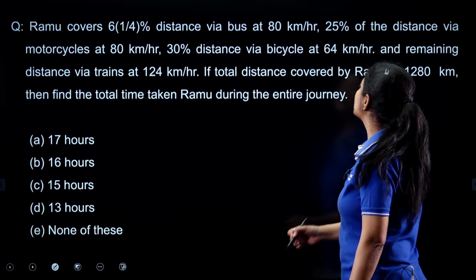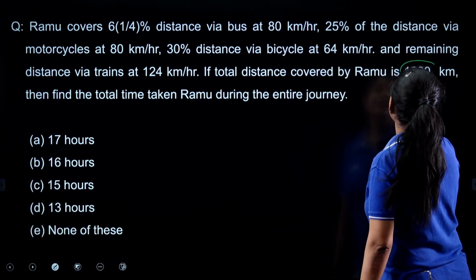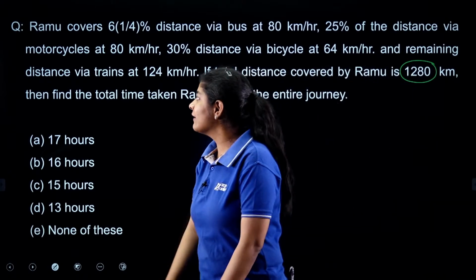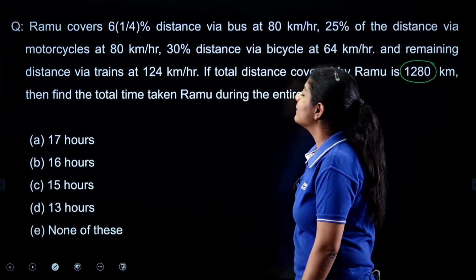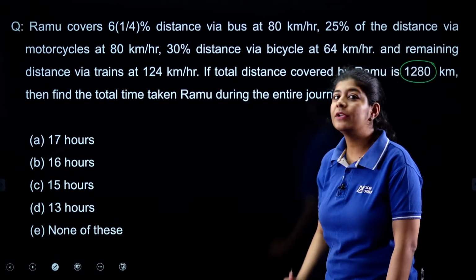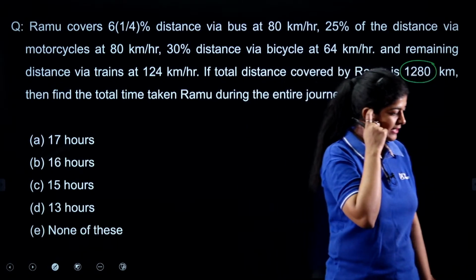If the total distance covered by Ramu is 1280 kilometers, then find the total time taken by Ramu during the entire journey. We only need to find out the time, and it's a very easy one.